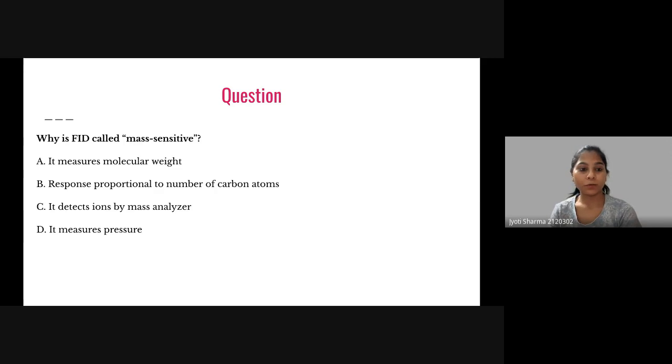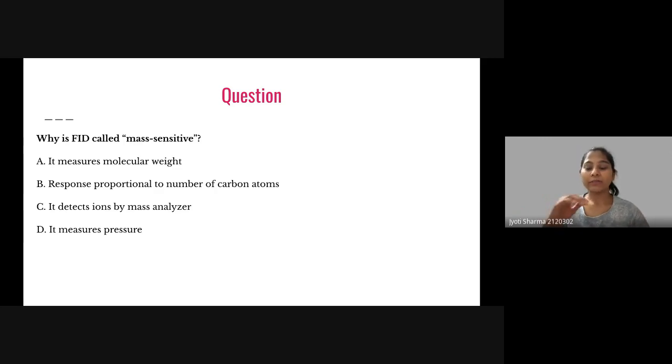Yeah. So you gave me answer C, it detects ions by mass analyzer. No. Obviously it will detect ions by mass analyzer, but this is not the right explanation for the FID being named mass sensitive. So B answer actually is the right one. Why is it known as mass sensitive?